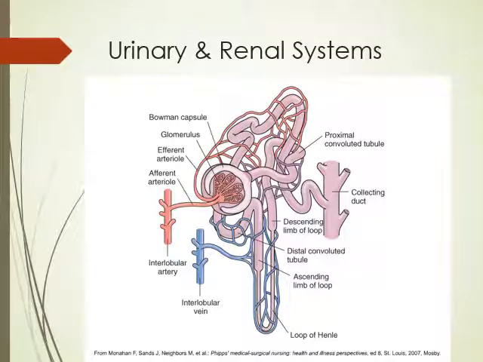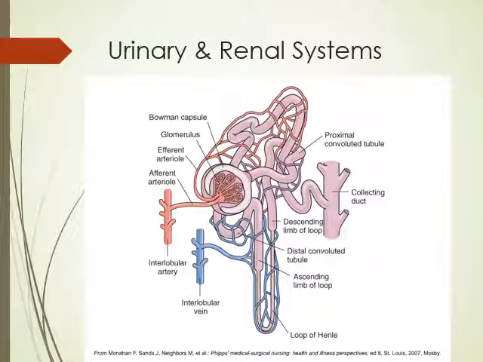This is the nephron of the kidney. This is the functional unit of the kidney. There are 1 million nephrons in each kidney. So you, with 2 kidneys, have 2 million nephrons. If I sound excited, I am, because this is just a powerhouse. And think how small it must be if there's 1 million in each kidney.